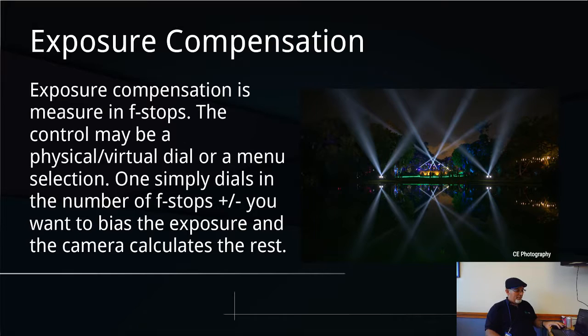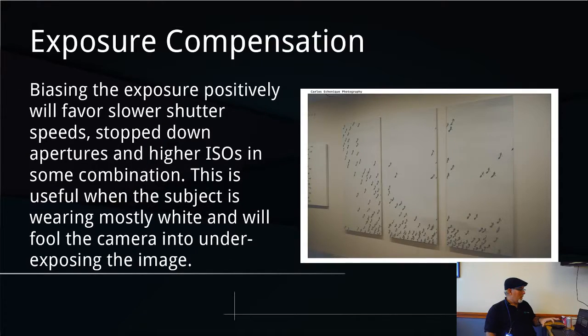When would that happen? Well, biasing it positively will favor slower shutter speeds, stopped-down apertures, and higher ISOs in some combination. This is useful when the subject is wearing or is mostly white and will fool the camera into thinking it is brighter than it actually is.